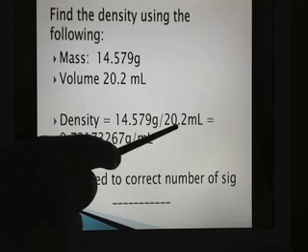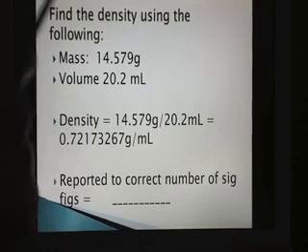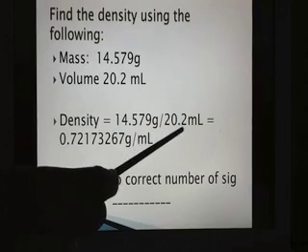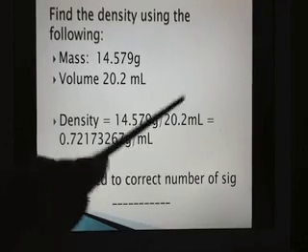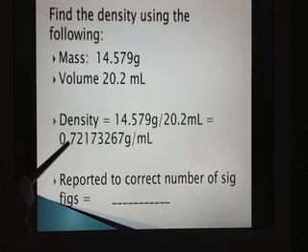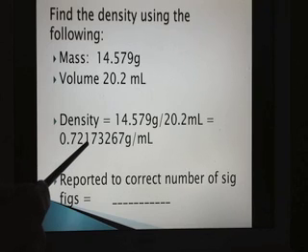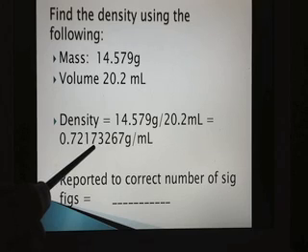We need to report our answer to how many significant digits? 3, right. Our least precise measurement had 3 sig figs, and so that's how we're going to report our answer. So we're going to report it as 0.72, there's a 1. We want this thousandths place, but the number after it is 5 or greater. It's greater than 5. It's a 7.